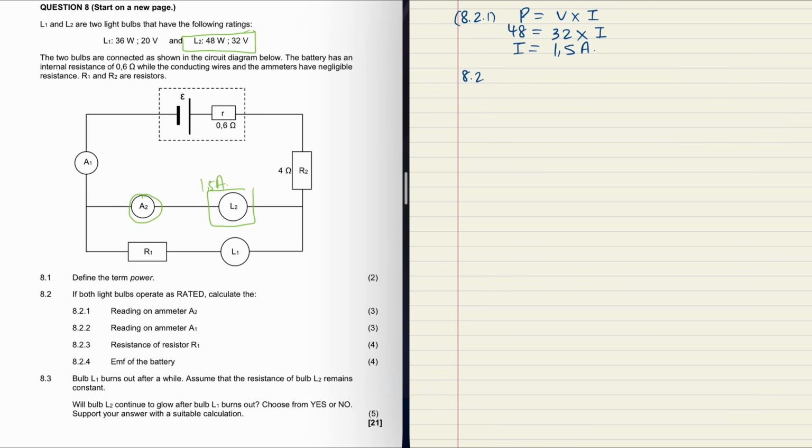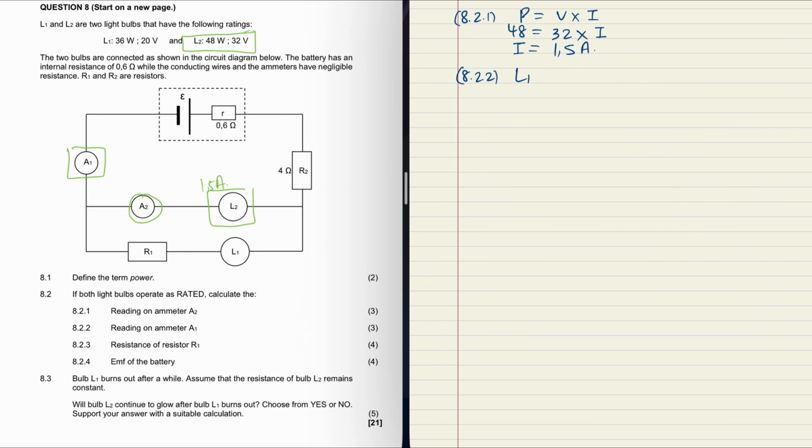Question 8.2.2, calculate the reading on ammeter A1. A1 is this one right here. What we can do is use L1, figure out the current going through L1, add them up, and then we can work out A1. Looking at L1, I know the power and the voltage, so I can work out the current.